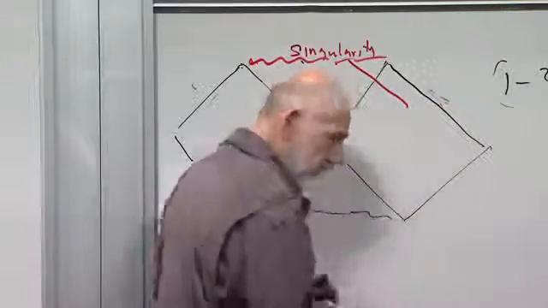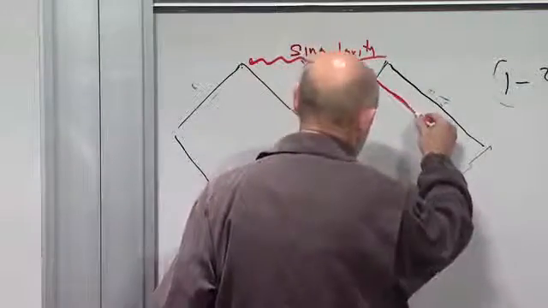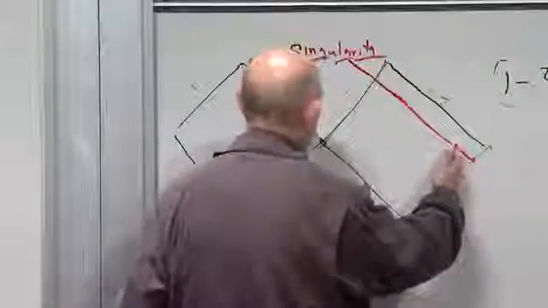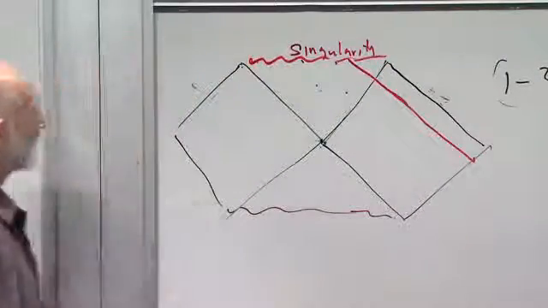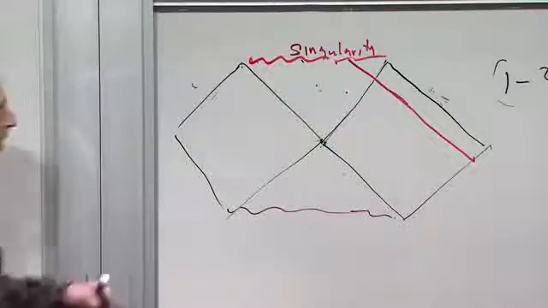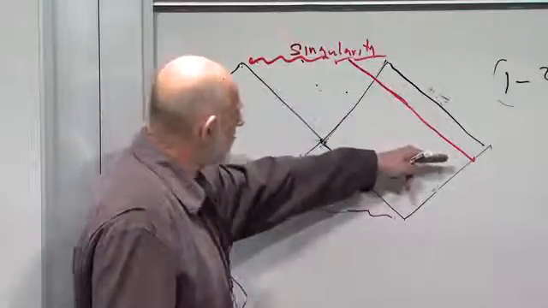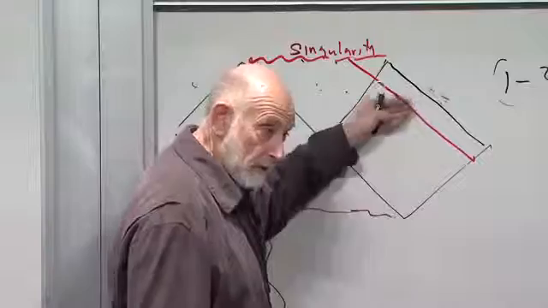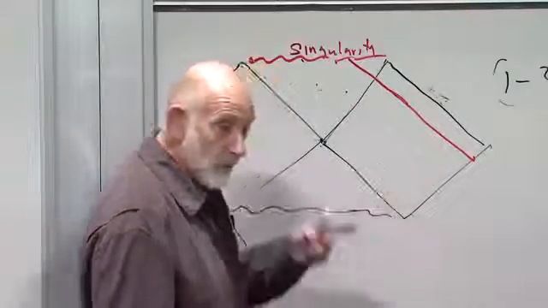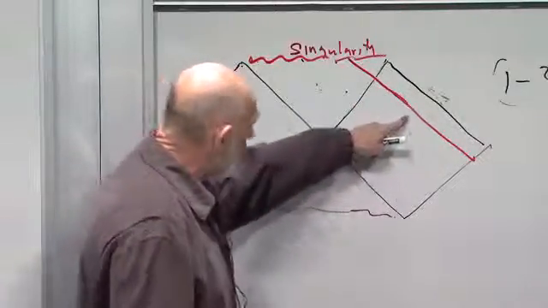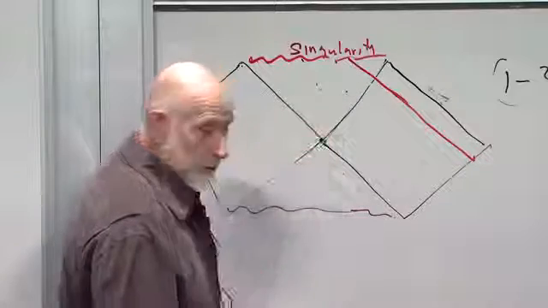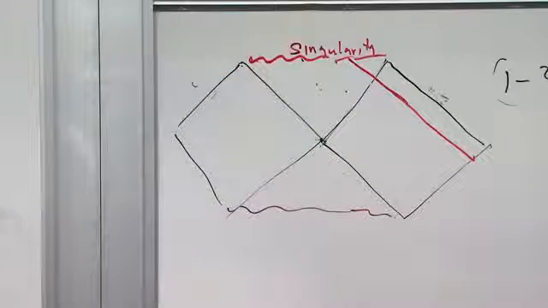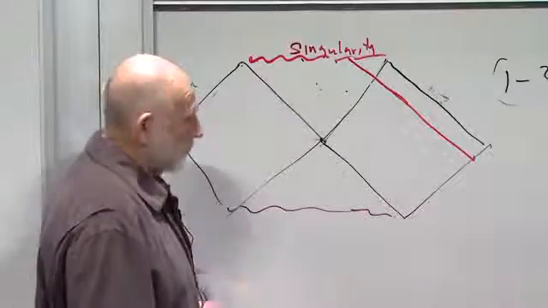Let's use red. Here's the incoming shell. It comes in, experiences nothing special at this point over here, and just keeps going. It's a light ray, a radially incoming light ray. It must move on a 45-degree angle. It moves in and eventually hits the singularity. So that's what the light ray would look like on the Schwarzschild geometry.